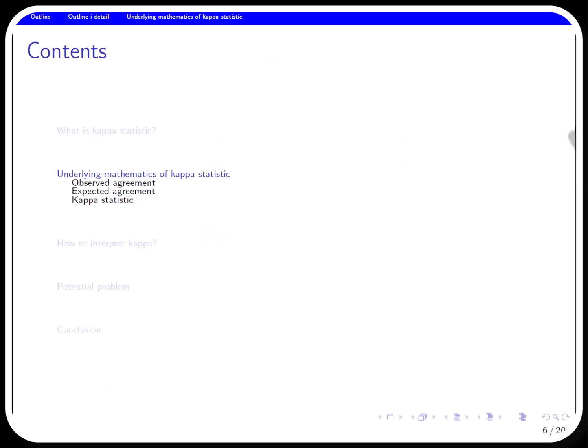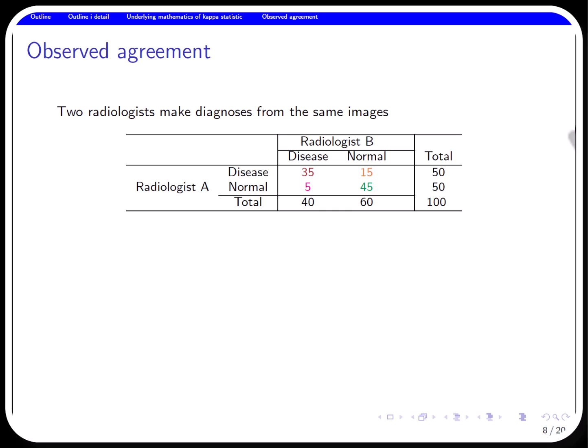Underlying mathematics of Kappa statistic. Observed agreement. Suppose a total of 100 images were evaluated by two radiologists independently. 35 images were evaluated as disease and 45 images were evaluated as normal by both radiologists.